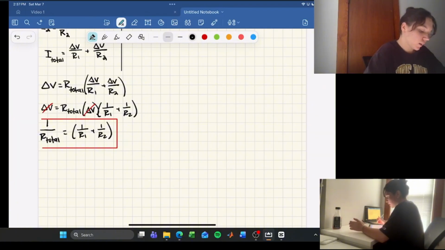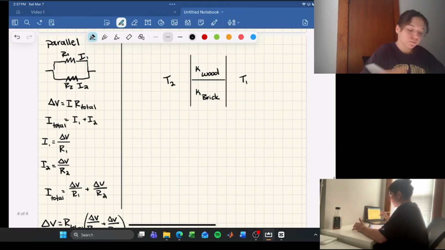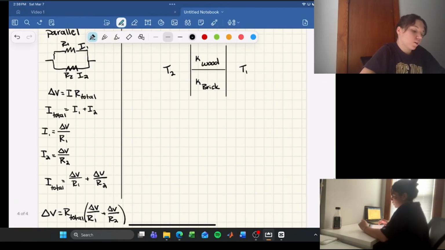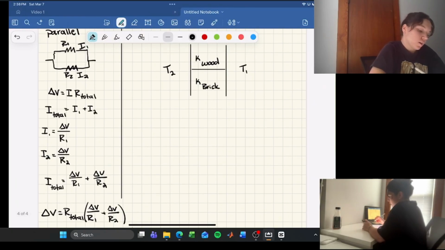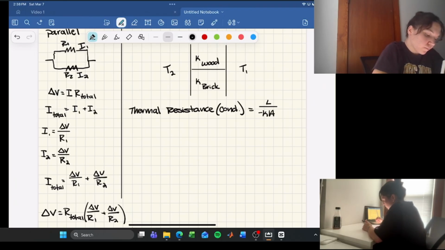So now we want to try to relate this to thermal resistance in parallel for this example up here. Remember what we said earlier in this video, that thermal resistance by conduction is the length over the thermal conductivity times the area.